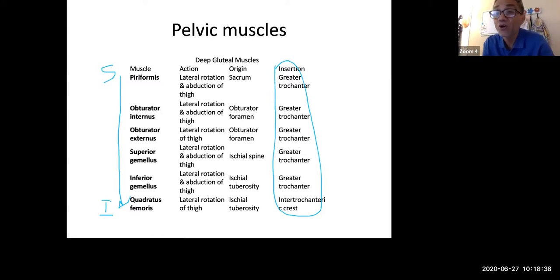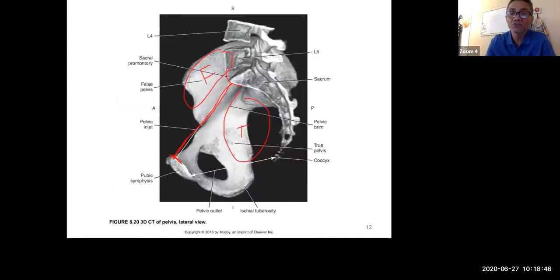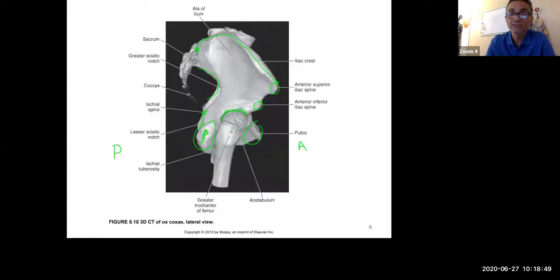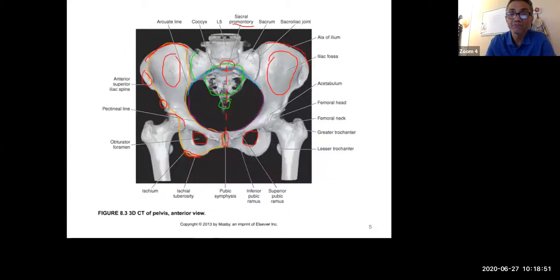Exactly. They all end in the same area, which is the femur trochanter. Let me show you the femur trochanter on the bone to understand it better. This is the big trochanter of your femur, and this is the small one, on the right and on the left. So those muscles come from here to here in sequence, 1, 2, 3, 4, 5.